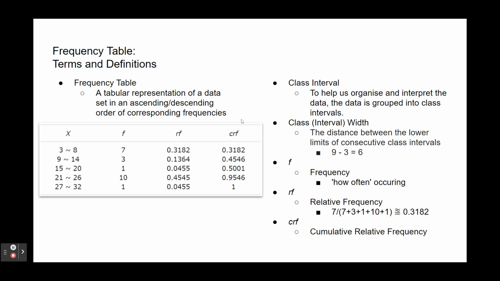One property of the cumulative relative frequency is that the last number should be 1 in the case of an ascending order table. It could be descending or ascending order; it depends on the table. This is a particular case of ascending order according to these x values. And if you multiply the relative frequency or cumulative relative frequency by 100, you will get a percentage, and a cumulative percentage for each case.